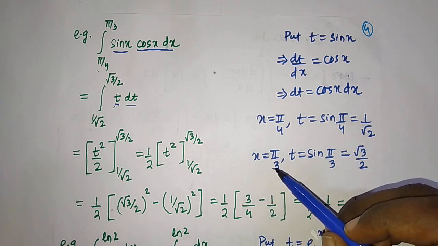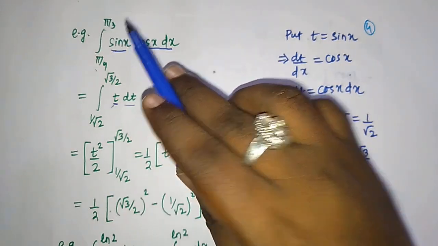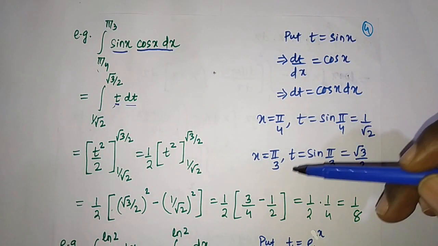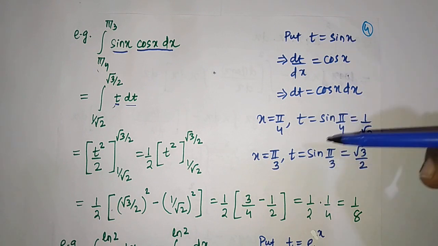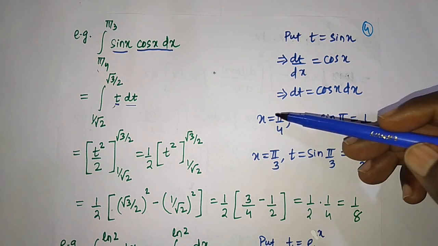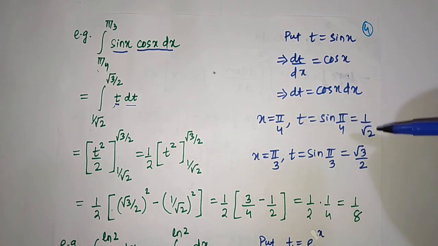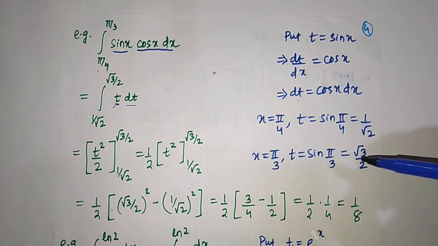Next, again x equal to pi by 3, the upper limit, then t equal to sin pi by 3, and sin pi by 3 is sin 60 degrees, that is equal to root 3 by 2. So when x equal to pi by 4, t equal to 1 by root 2, and when x equal to pi by 3, t equal to root 3 by 2.